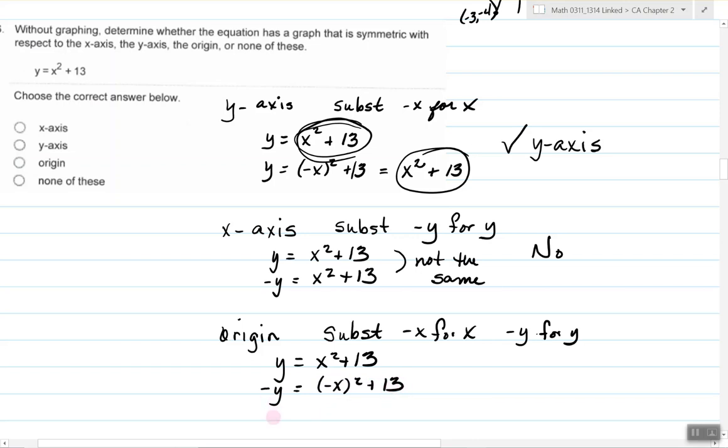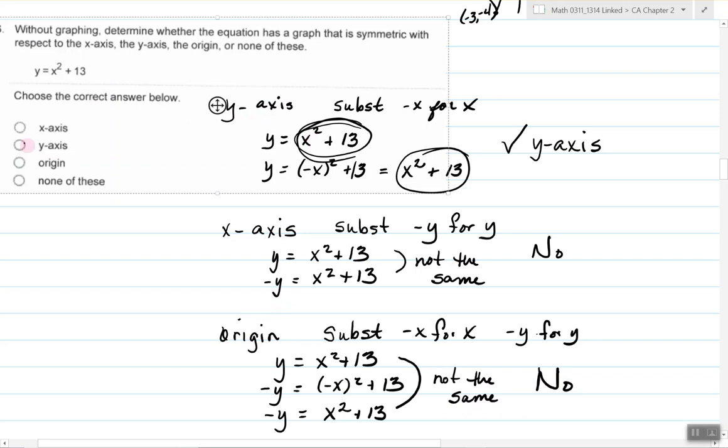Well, negative y is equal to the negative quantity squared becoming positive x squared plus 13. Compare these, and they are not the same. So it's no. So I tested y-axis, x-axis, and origin, and I got y-axis, and that's the only kind of symmetry it has.